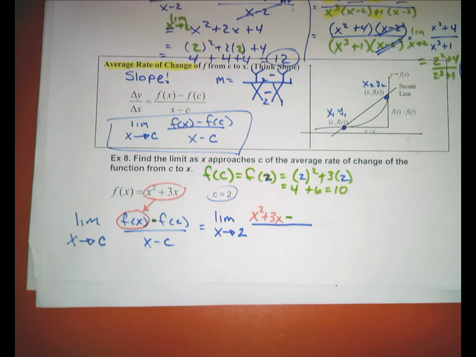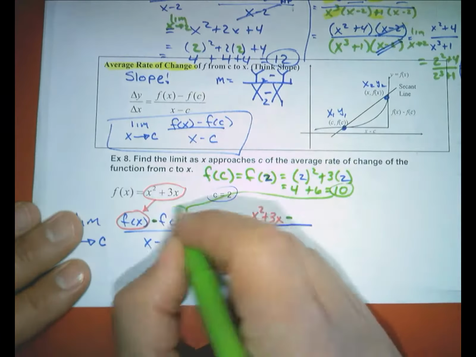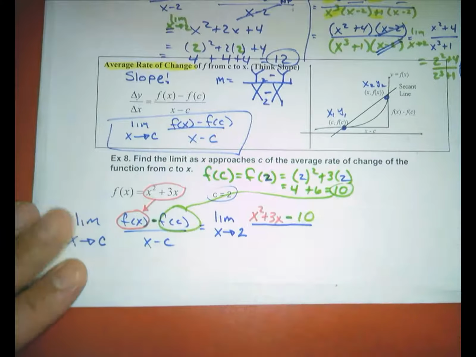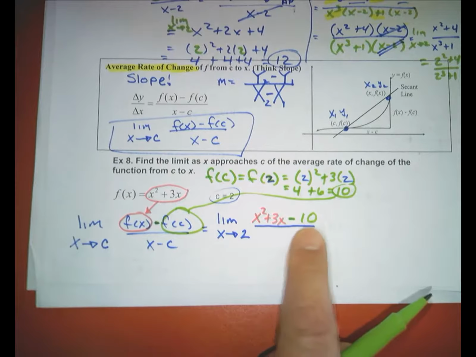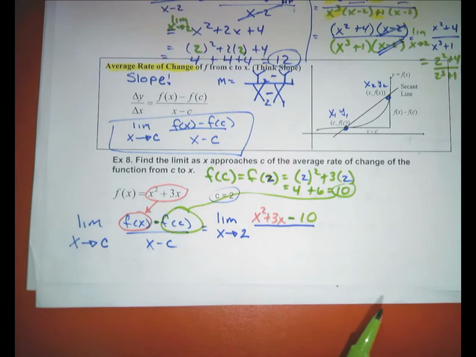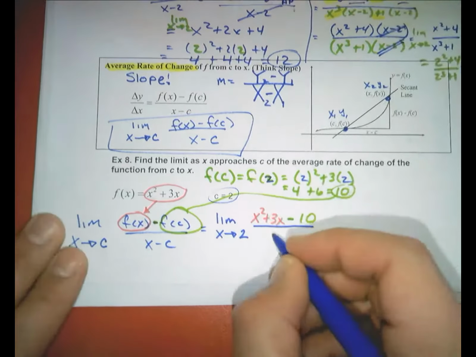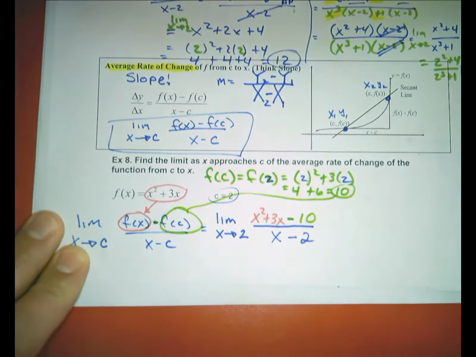You guys okay with that? So I'm going to plug that in right here. So I've got f of x minus f of c. f of c is going to be a value, something that we're plugging in. And then on the bottom, x is x, and then minus, in our case, 2. I'm just plugging in c for 2.